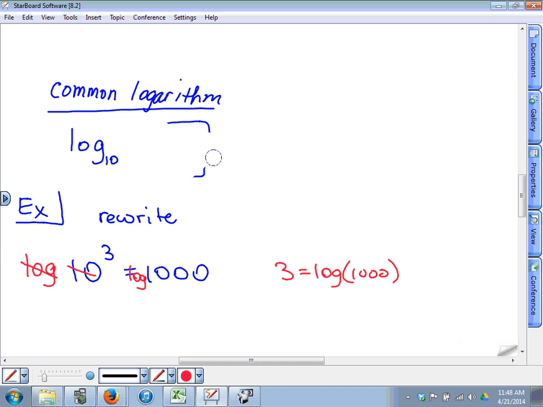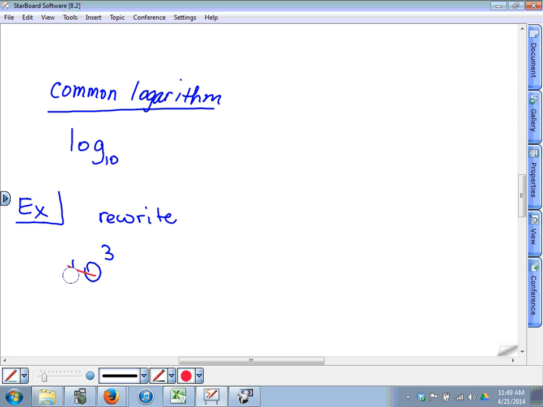The other type of logarithm that's kind of special is called the common logarithm. I know why they call it the common logarithm, but it's actually not as common as the natural log. The natural log is way more frequent than this one.